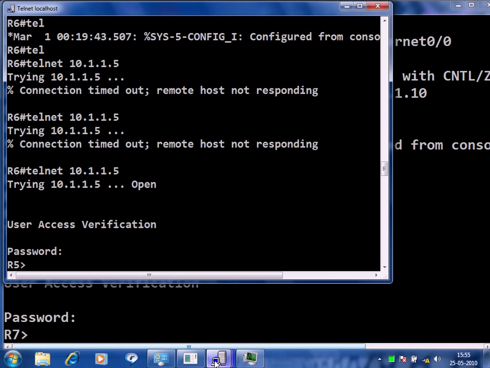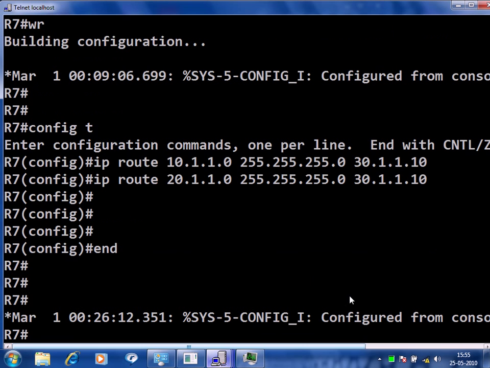Now from R7, can I telnet back to R5 or R6? R5, I know you will say it is inside, so no. Let's talk about R7 to R6. The reason is the same security level.